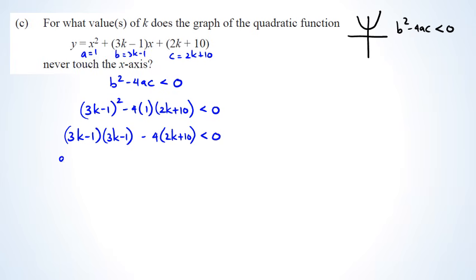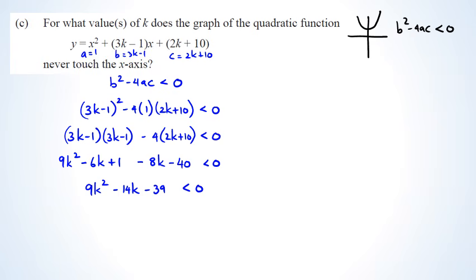So expanding this quadratic, I've got 9k squared minus 6k plus 1 minus 4 times 2k is 8k, minus 4 times 10 is negative 40, and that has to be less than 0. So simplifying this, I've got 9k squared minus 14k minus 39 has to be less than 0.